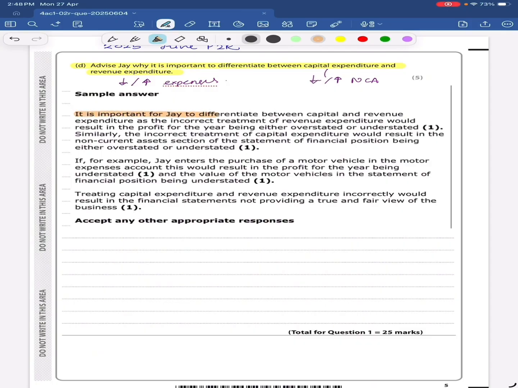It is important for J to differentiate between capital and revenue expenditure. Why? As the incorrect treatment of revenue expenditure would result in the profit for the year being overstated or understated.